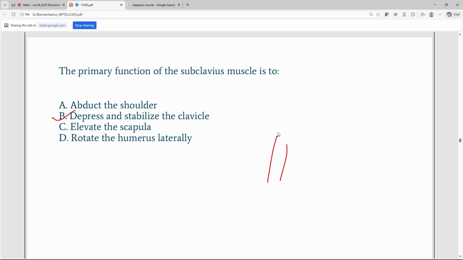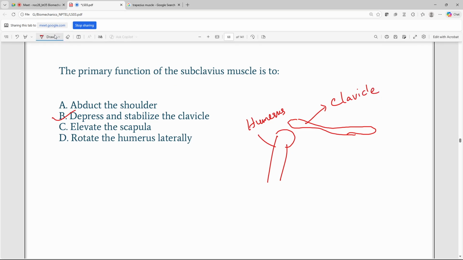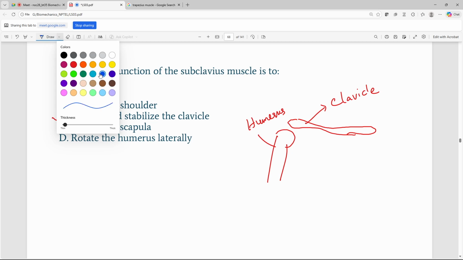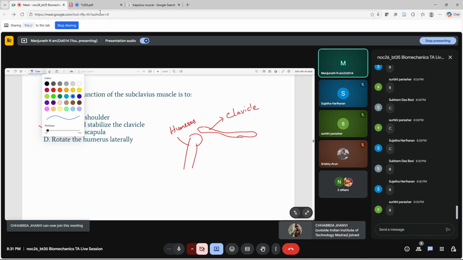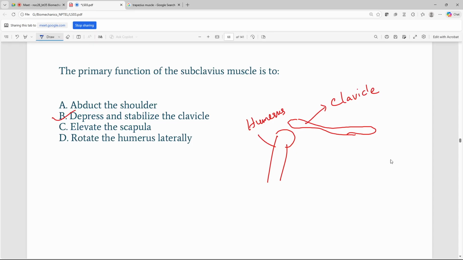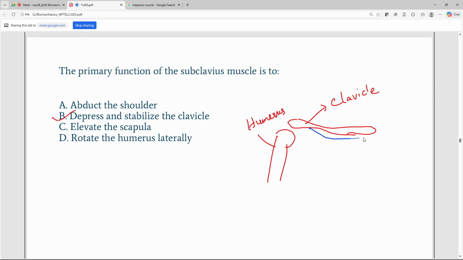So if this is the humerus bone and this is the clavicle bone, here is the subclavius muscle.